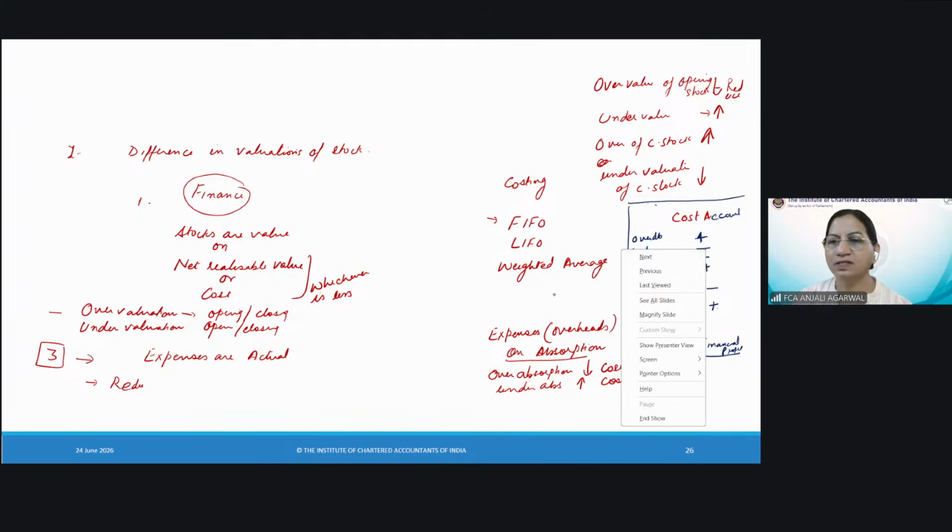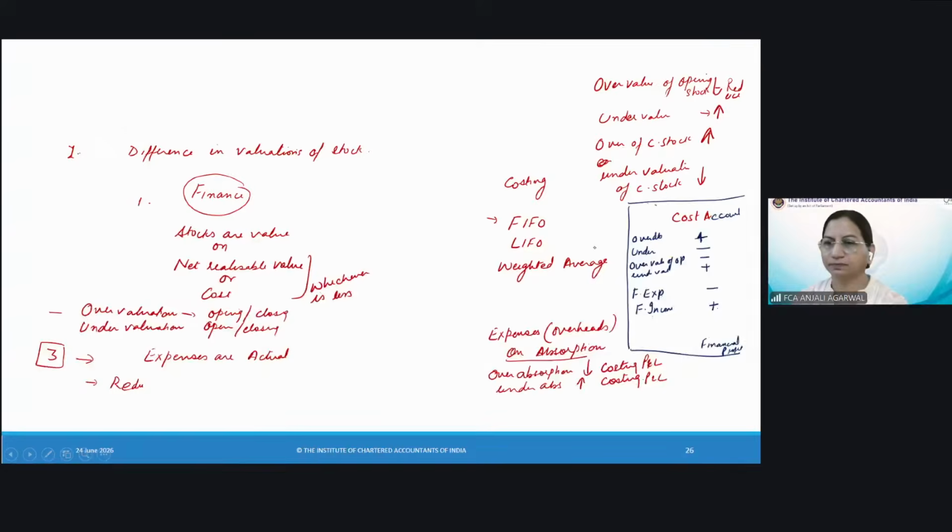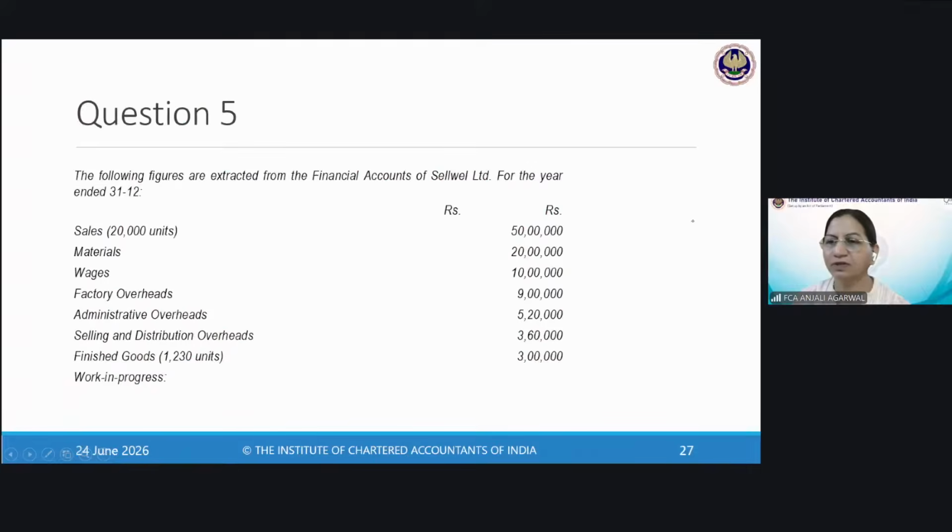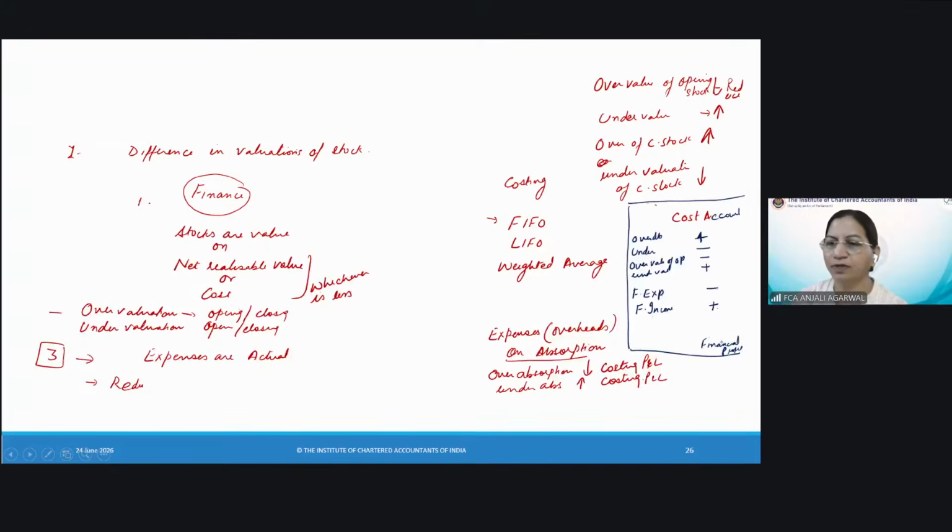So what is the reason? Because we are starting with cost accounts and we are moving to financial. So our purpose is to go as per the financial books. So whatever financial books have done, we will do the same. But whatever cost books have done, we will reverse that. Okay.